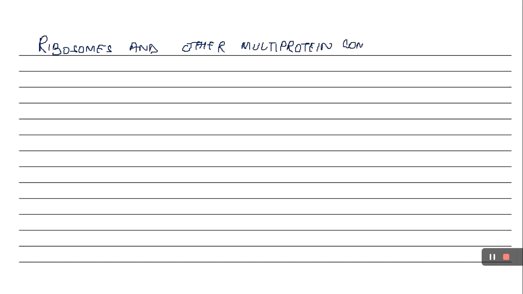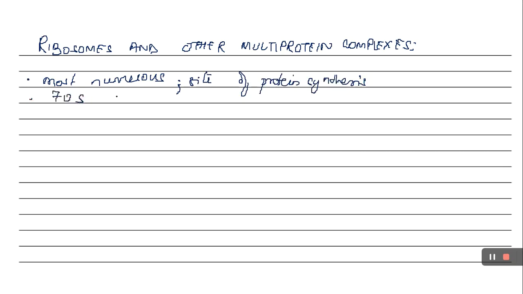In most bacteria, the most numerous intracellular structure is the ribosome, which is the site of protein synthesis in all living organisms. Prokaryotes have 70S ribosome, and this S is the Svedberg unit, named after the scientist.